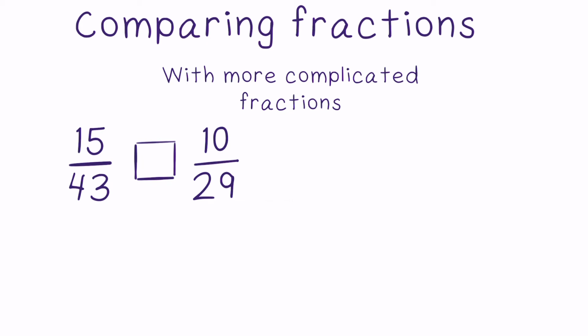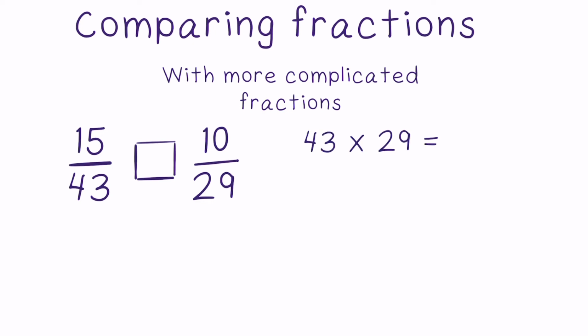I purposely chose prime numbers to use as the denominators in this example so that we could immediately determine that there is no common factor that we could use with these two denominators. We're going to have to use the strategy where we multiply the denominators by each other to get a larger number for our denominator to find equivalent fractions in order to compare.